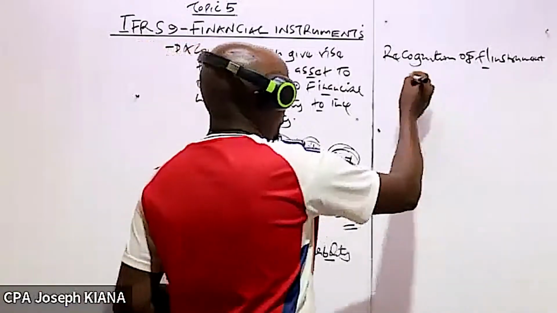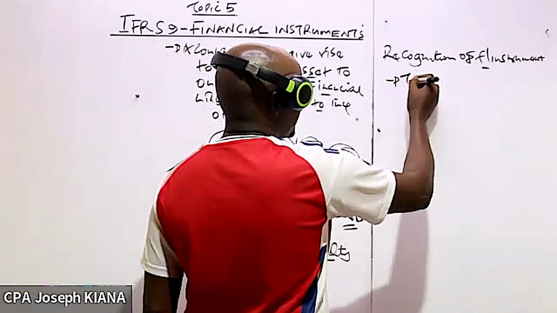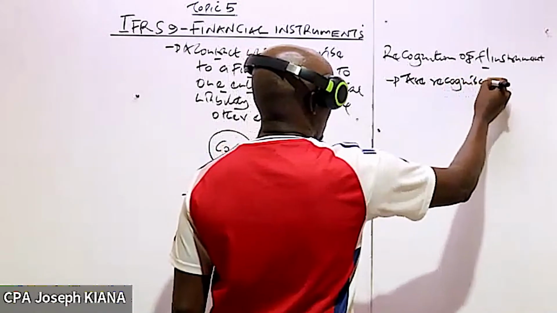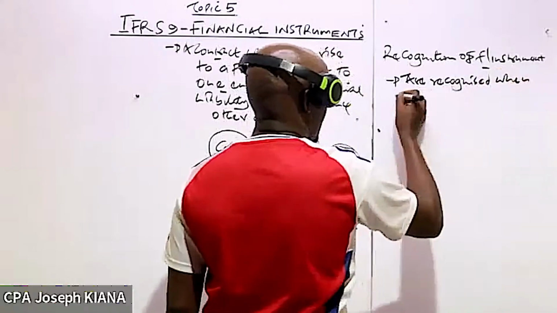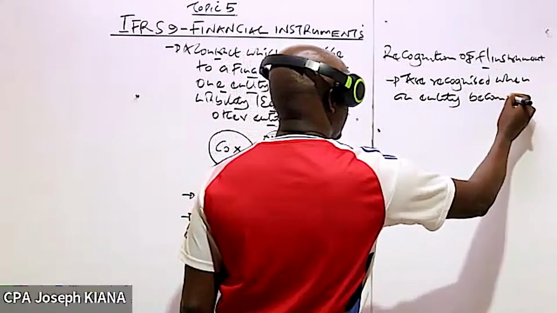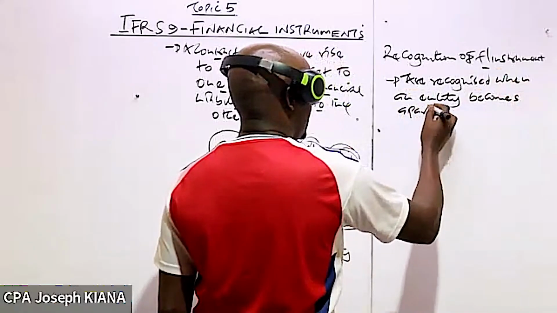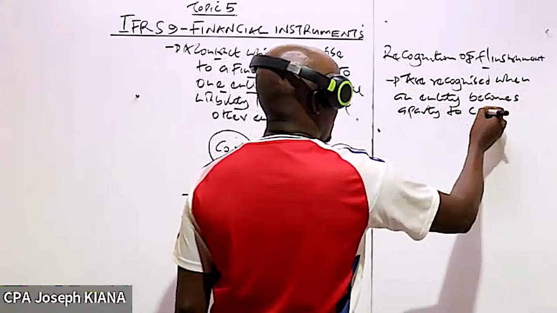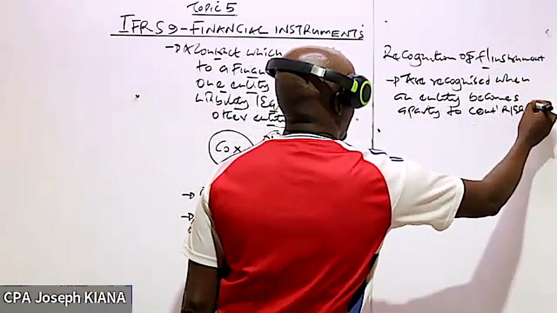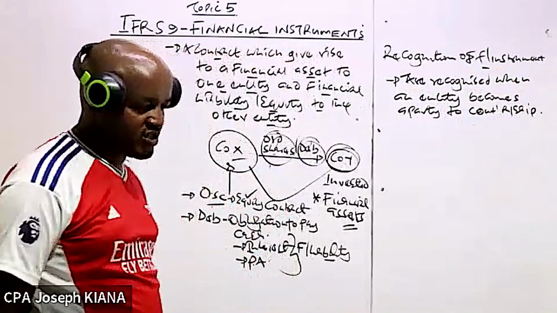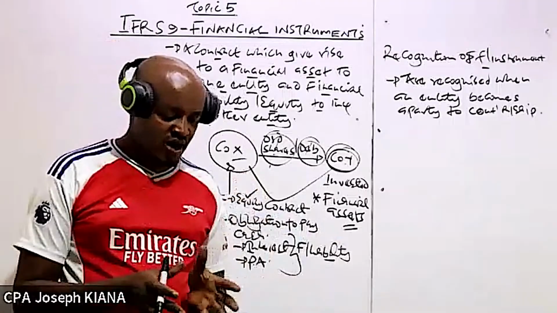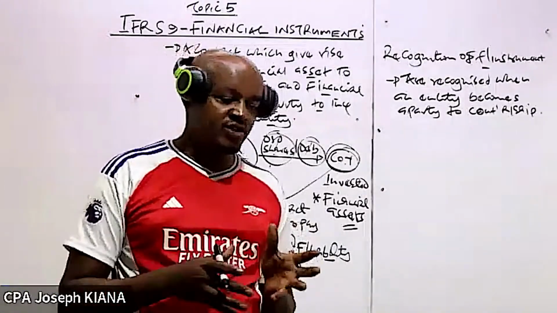So financial instruments here are recognized when an entity becomes a party to a contractual relationship. Once an entity has become a party to this particular contract, it should go ahead and recognize those particular financial instruments.